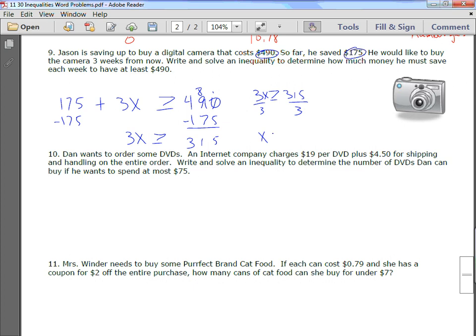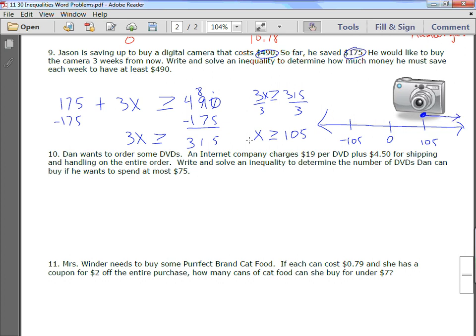Oh, not equal to. Do not let your child put equal to. They got in trouble for that today. It's greater than or equal to 105. So when I go to graph that, 0, 105, negative 105, greater than or equal to 105.